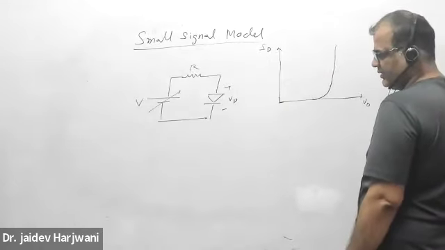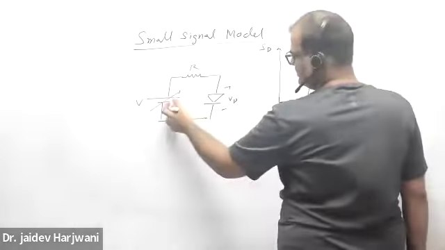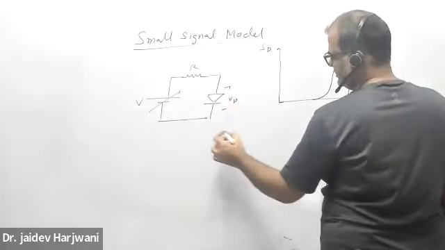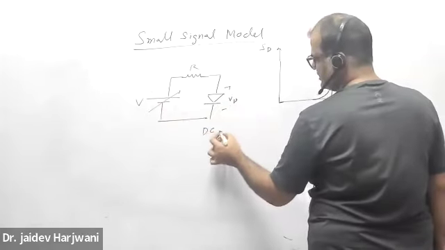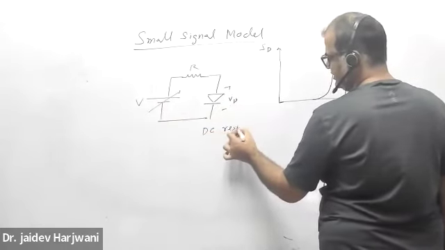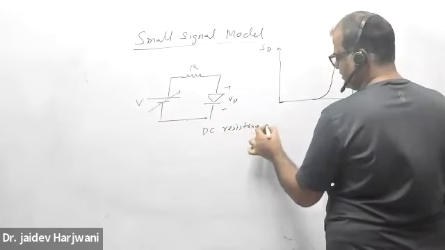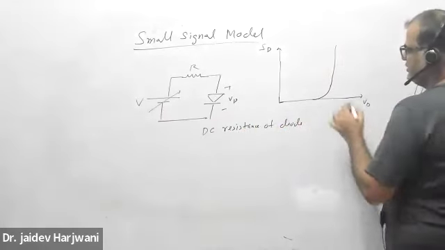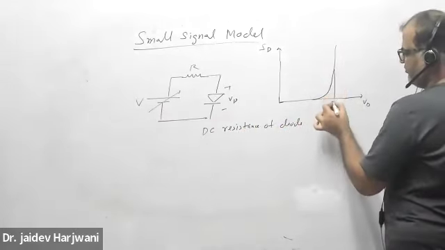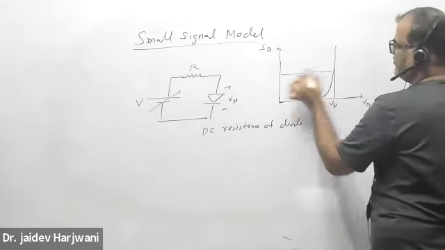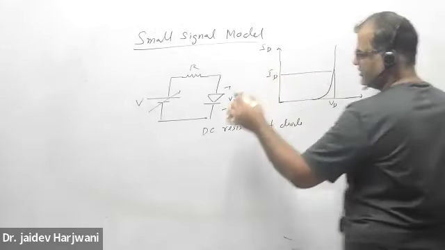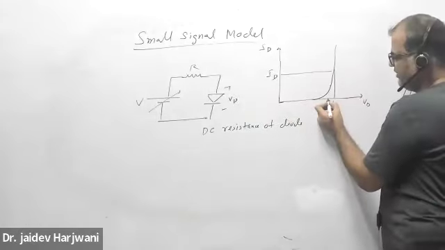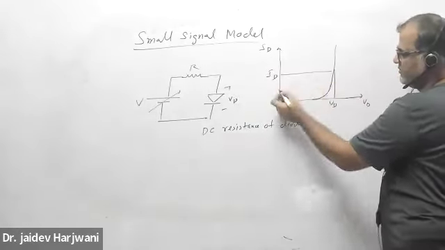Or if I apply some fixed voltage, then at fixed voltage I can find the DC resistance of the diode. What is the VD here and what is the ID flowing at a particular voltage? This VD is not fixed, it is varying a little bit. If VD is this one, then current will be this much.